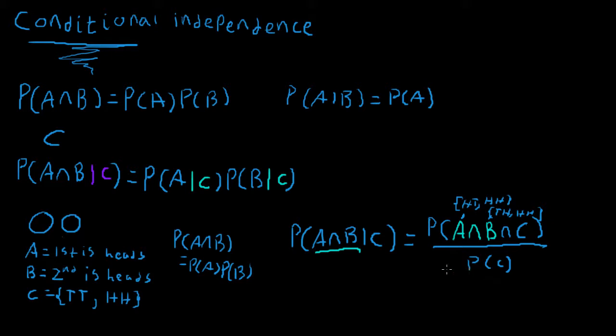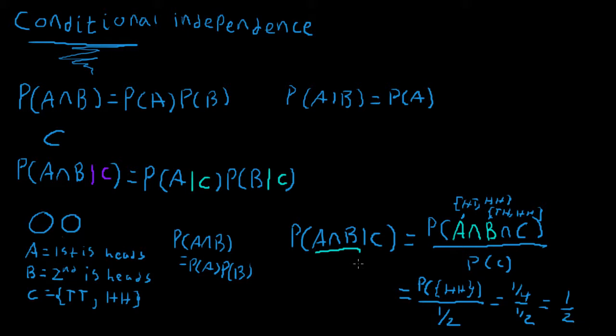But, so what do we have? This is now equal to the probability of just the set heads heads divided by the probability of C, which contains two events, which is a half. So we get a quarter divided by a half, which is equal to a half.